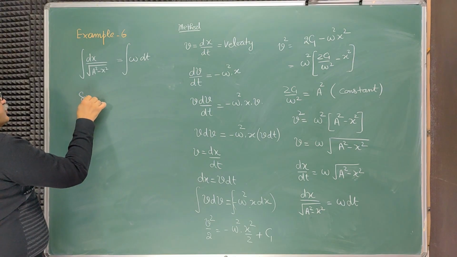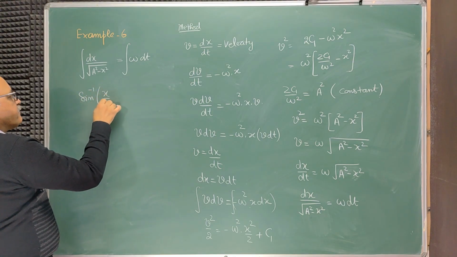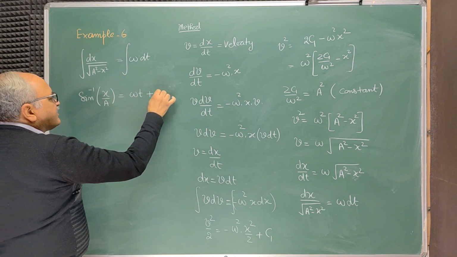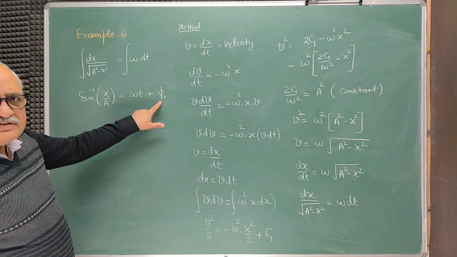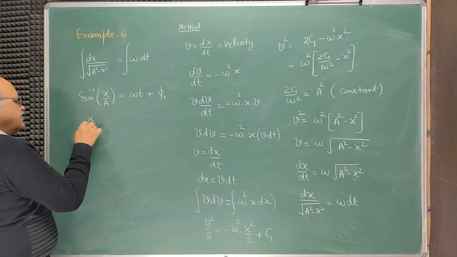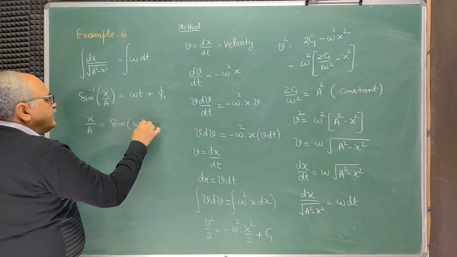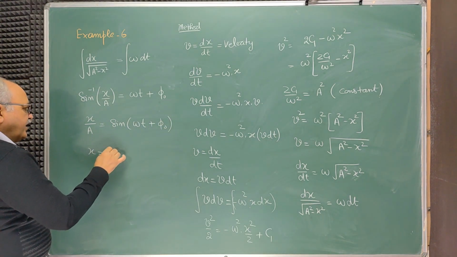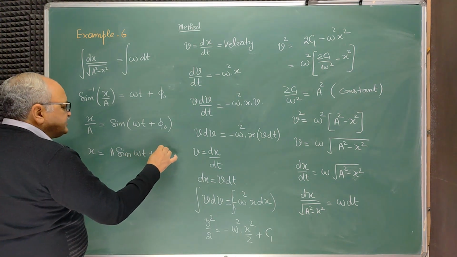This will be equal to sine inverse of x by a, and that is equal to omega t plus another constant. Let me put this as phi 0. Phi 0 also is a constant. Now if I take the sine on that side, this will become x by a equals sine of omega t plus phi 0, so x equals a sine of omega t plus phi 0.